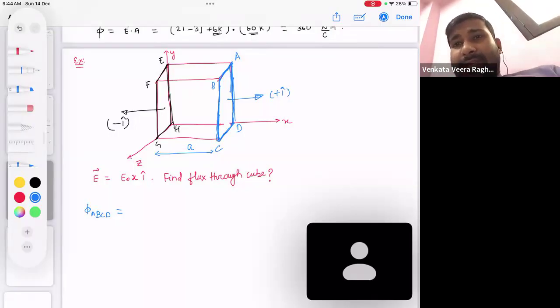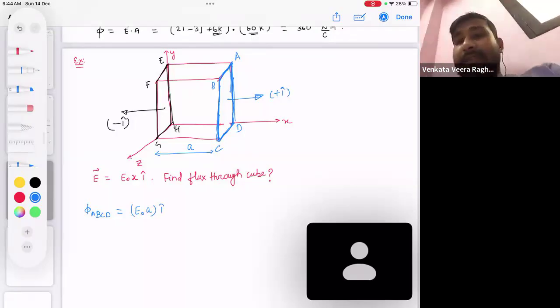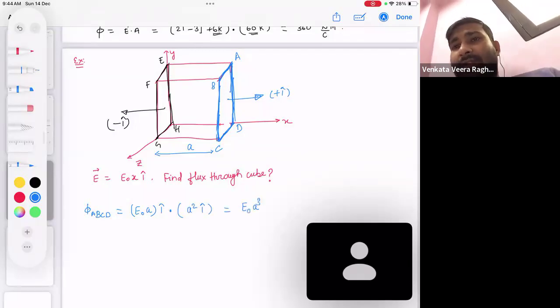So can I say the electric field here will be E naught a i cap? Because the x value is equal to a. So E naught a i cap dot the area vector, a square i cap. So what is the flux we are getting? E naught a cube, we got it.